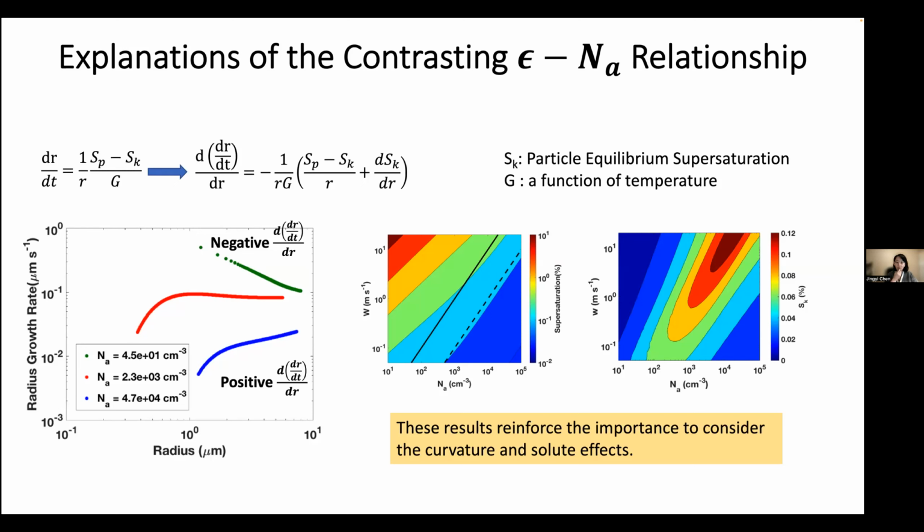And also, based on the condensational theory, the size distribution narrows when the droplet grows. But this research shows that in a case when the aerosol number concentration is very high or the vertical velocity is very low, we have different behaviors of the droplet population.